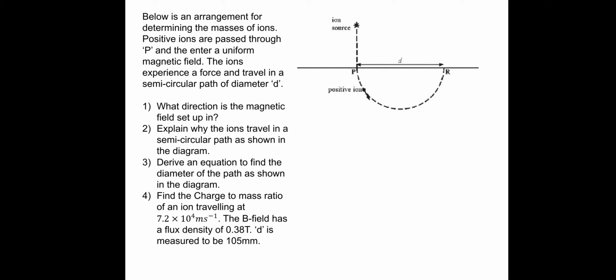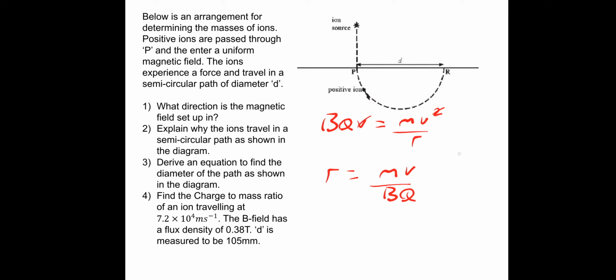Question 3, derive an equation for the diameter of the path as shown in the diagram. So same as from earlier, BQv equals mv squared over r, cancel the v's, rearrange to get r, so r is again mv over BQ. And the radius is obviously half the diameter, so d over 2.